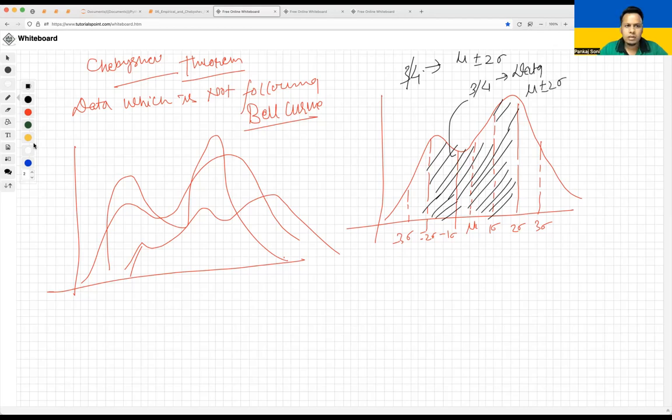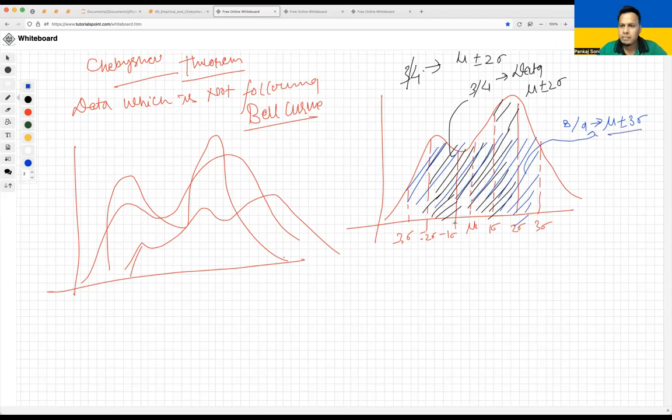That is what the first part of the theory tells. Now, 8/9 of the data falls between mu plus minus 3 sigma, meaning from here to here, that data falls between mu plus minus 3 sigma.